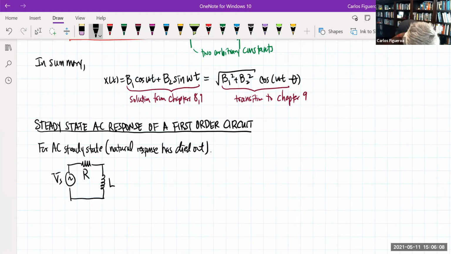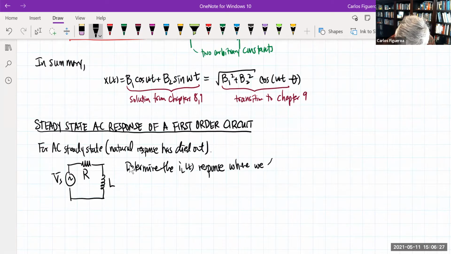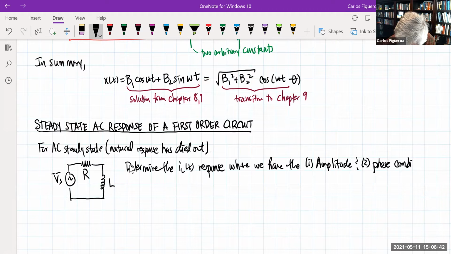So now we want to determine the IL response, where we have the amplitude and phase combination as our solution. Okay, that's what we want to do.